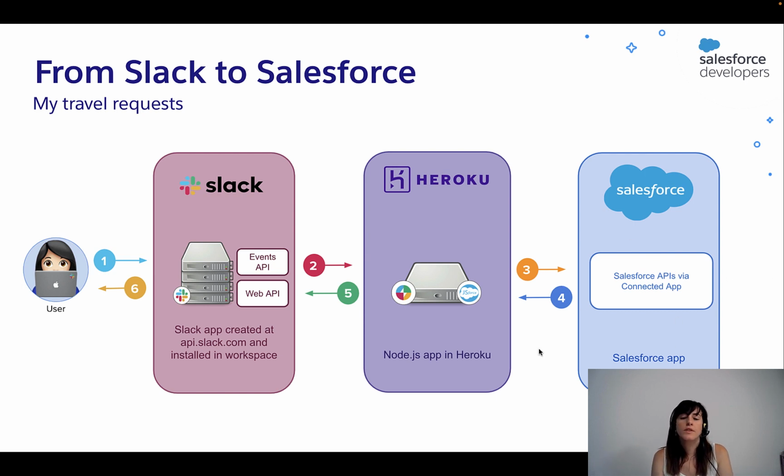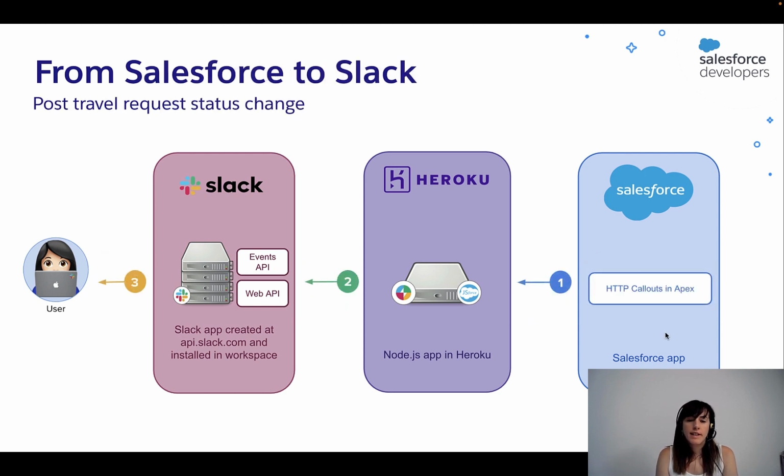Then Salesforce is going to return those travel approval requests. We are going to create our Block Kit code using that JavaScript library that I explained to you before. And finally, we're going to send that Block Kit code to Slack through the web API.